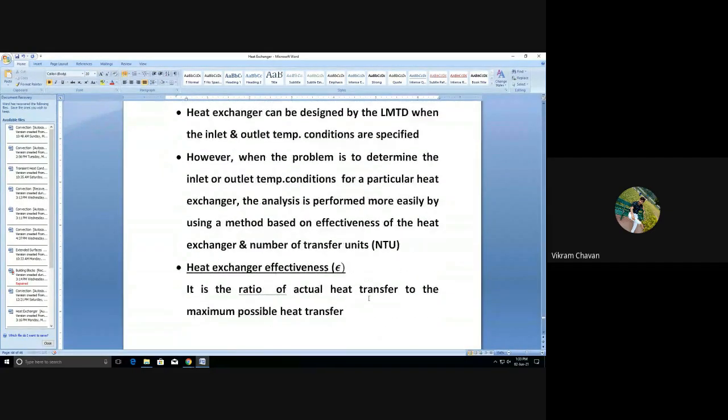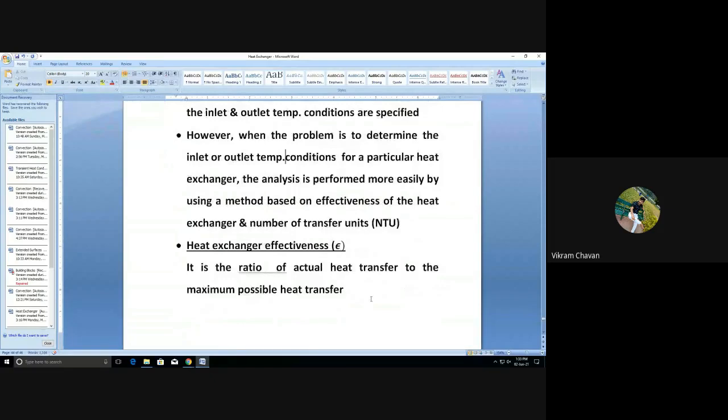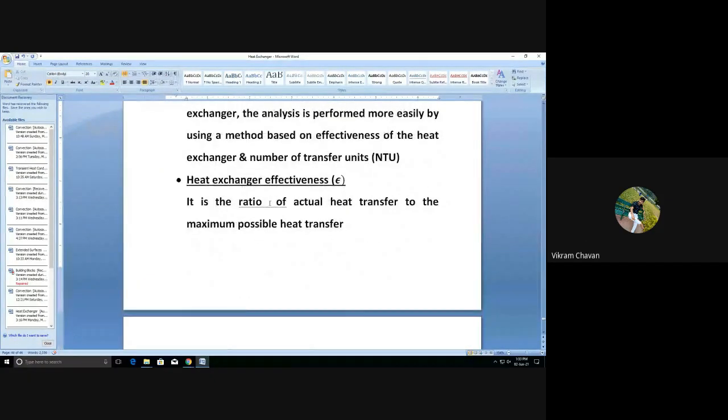First of all, let us understand what is meant by heat exchanger effectiveness. The definition of heat exchanger effectiveness is the ratio of actual heat transfer to the maximum possible heat transfer.